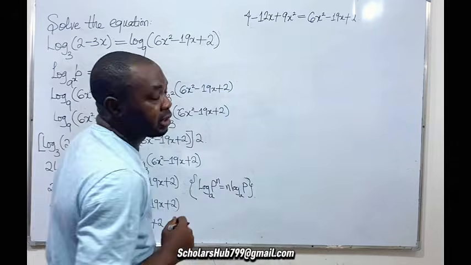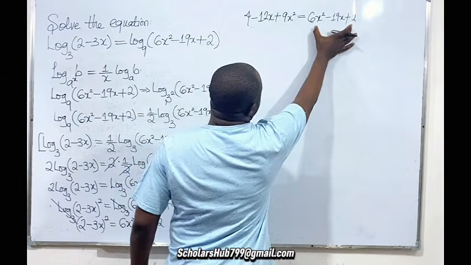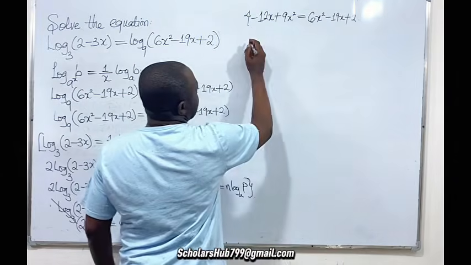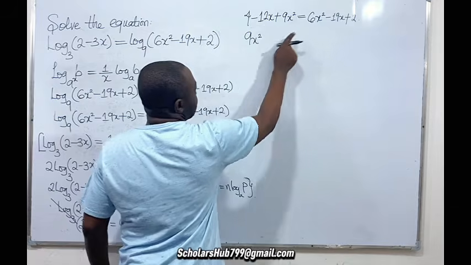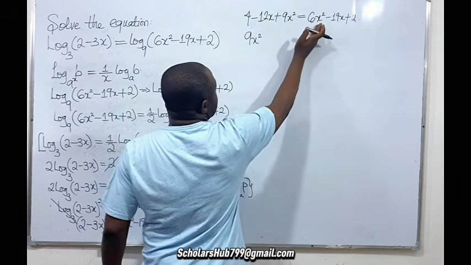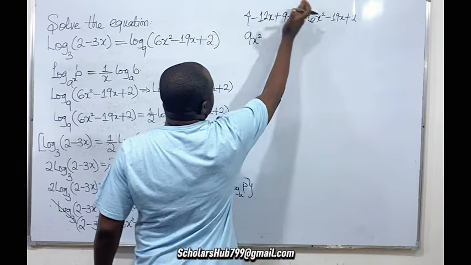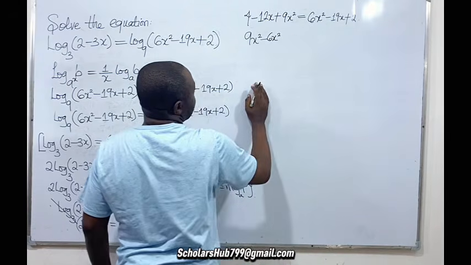Now I'm going to collect like terms. I'm going to carry everything on the right hand side over to the left hand side. So I'm going to put this first: 9x². When the 6x² crosses over to the left hand side, it will become −6x².